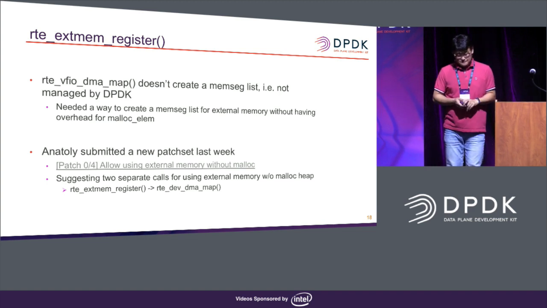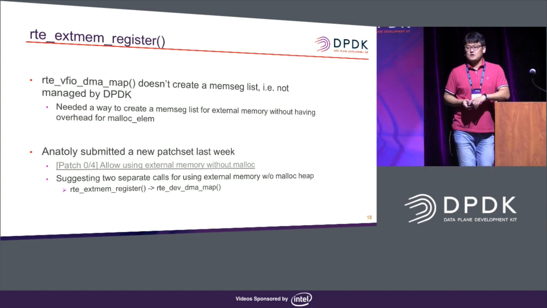This is quite new. Anatoly sent out a patch maybe last Thursday or Friday. During the discussion, we thought that the VFIO DMA map has a bug: it doesn't create a memseg list, so the memory is not managed by DPDK even though it is registered by the API.